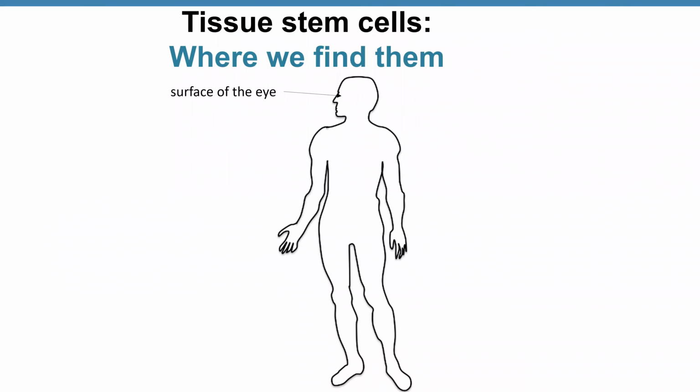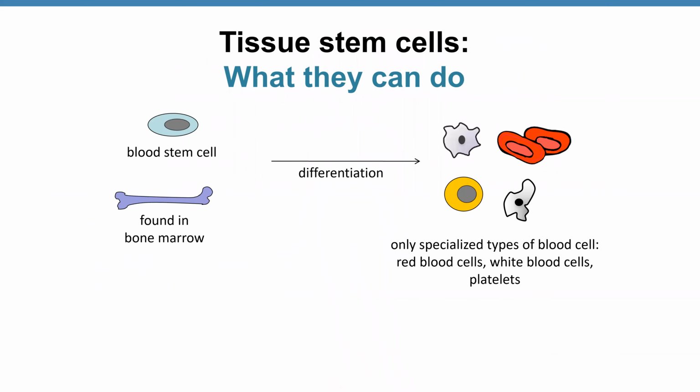Okay, so where are they found? Surface of the eye, in your brain, in your skin, breast, intestine, testicles, muscles, bone marrow. What can they do? They can differentiate, but only into specialized types.